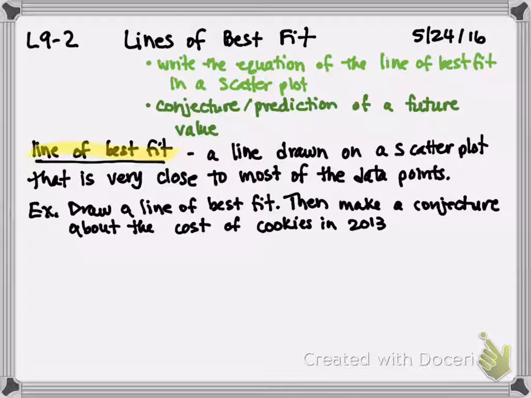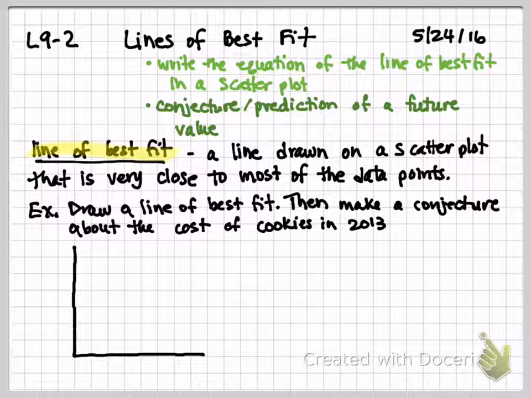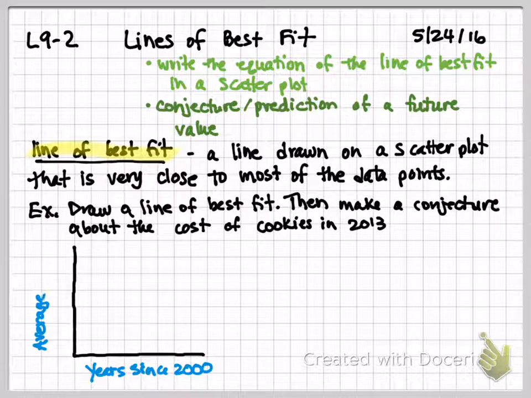So I'm going to just create a chart here, where they've already done the graph for us. So you guys are going to have to try to replicate this. I'm going to use a line break in mine. So we've got labels. This is going to be years since 2000. And this one's going to be average cost in money, in dollars.